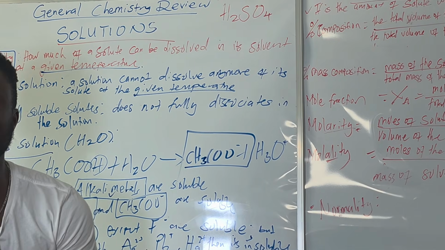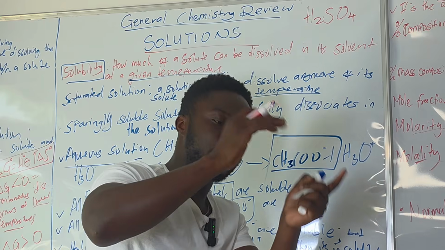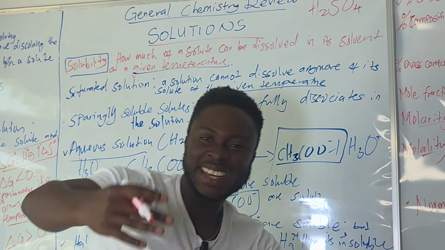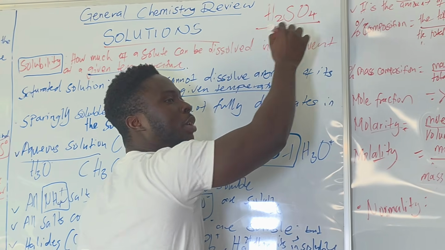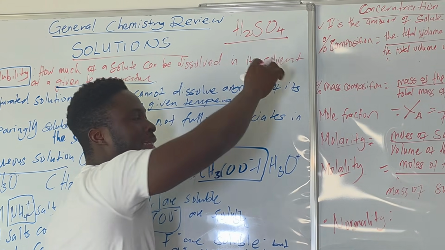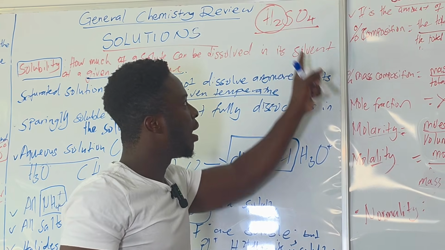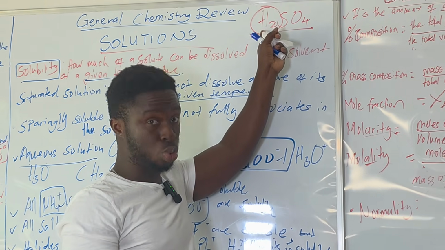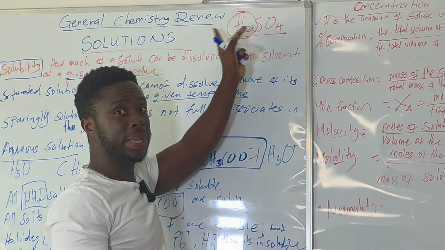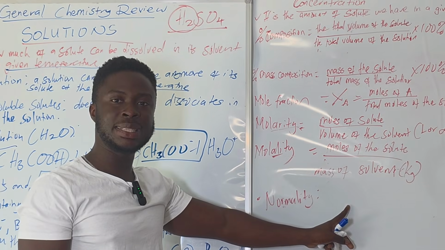So the normality is just the equivalence of the proton that we are interested in in the compound. Over here, this can be deprotonated twice because it has 2 protons, so the equivalence of this is going to be 2. So that is how the normality would come in.